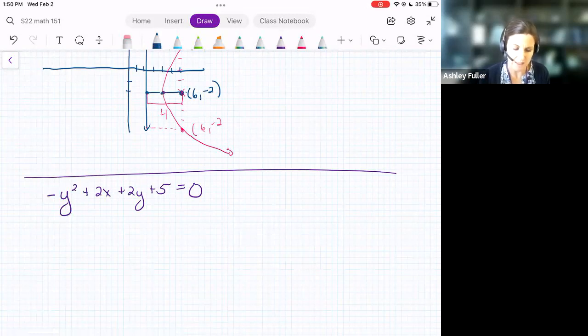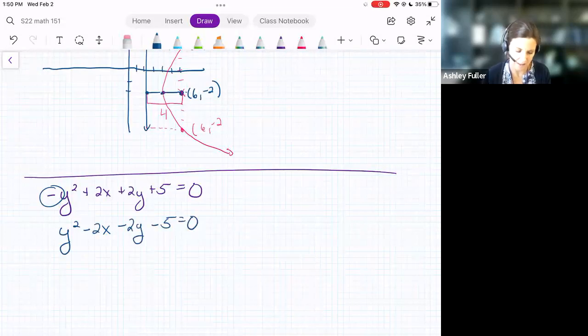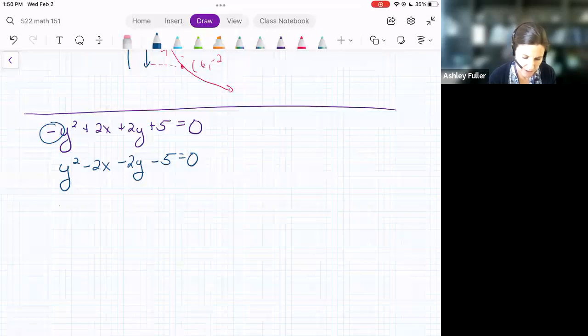And I'm going to have to use that complete the square method again. I'm going to get rid of this negative. So I'm going to end up with y squared minus 2x minus 2y minus 5 equals 0 by dividing everything by -1. And then when I bring my terms together, I have y squared minus 2y equals 2x plus 5.